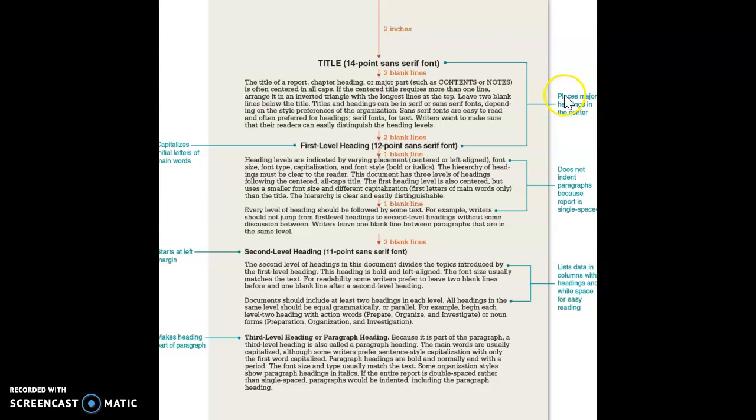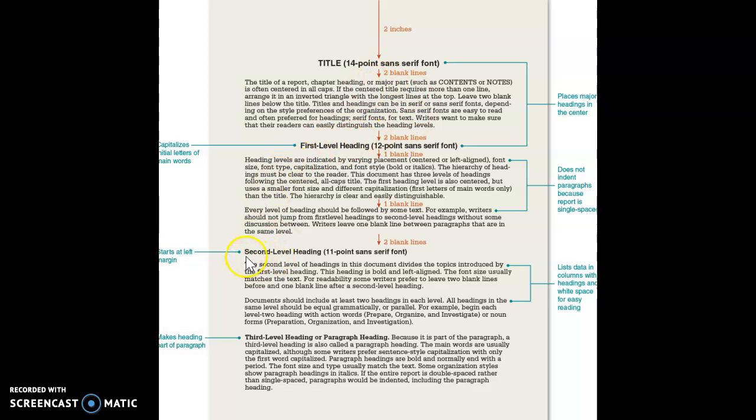Here they're placing their major headings in the center. And it says capitalize initial letters of main words. And then here you're going to start at the left margin with the rest of your headings. And so this would be a second level heading. So your first level heading is going to be centered.